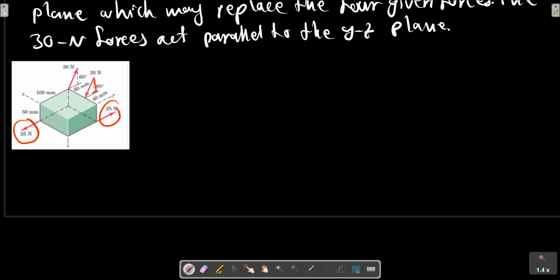Besides this, the component of the 30 Newton force here.